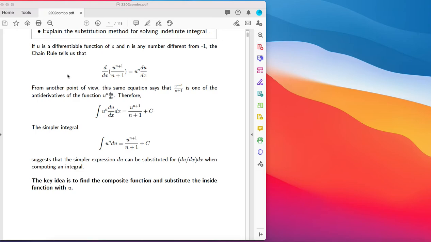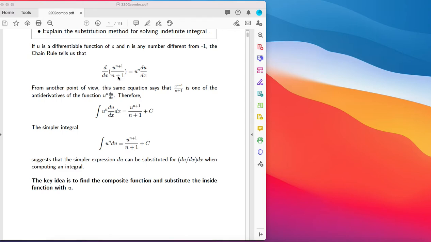Also keep in mind that in this example, we assume that n is any number different from -1, because if n is -1, then we don't even have this denominator defined, right? Because it's 0.